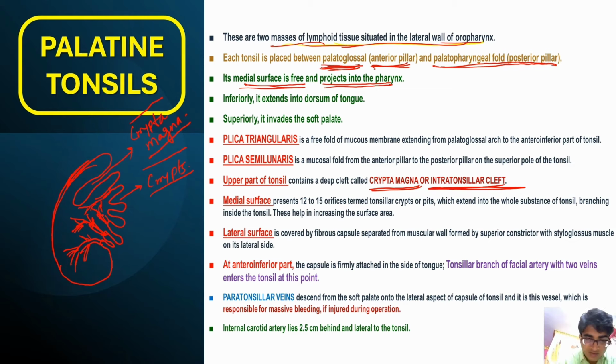The lateral surface is covered by a fibrous capsule which is separated from the muscular wall formed by the superior constrictor muscle, with the styloglossus muscle on its lateral side.